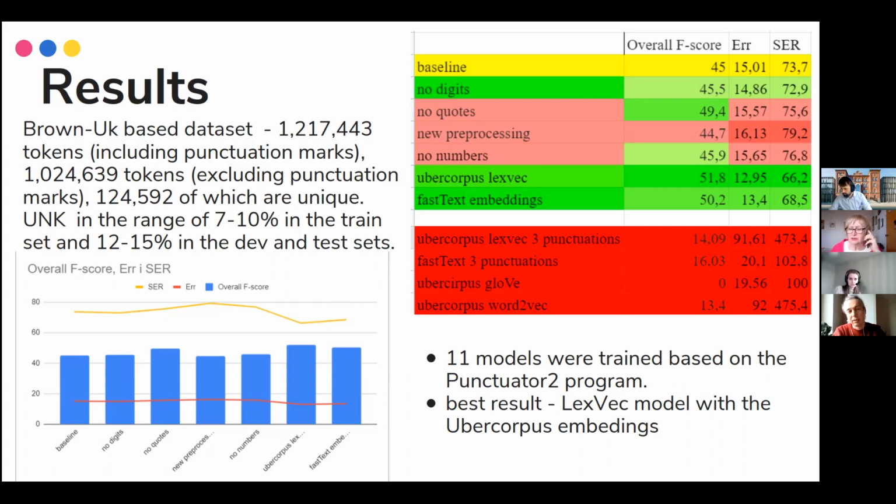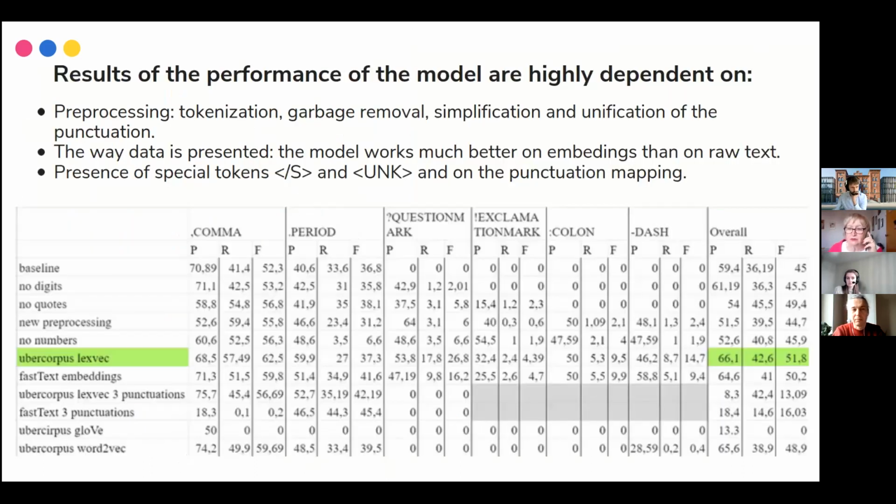On the other side, it's verified, and we can guarantee that all punctuation and all words are in correct positions, with very few errors and typos. So 11 models were trained and evaluated, and we found that the best result was achieved with LexVec word embeddings.